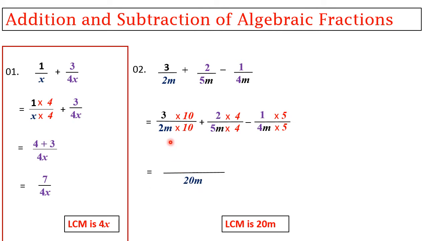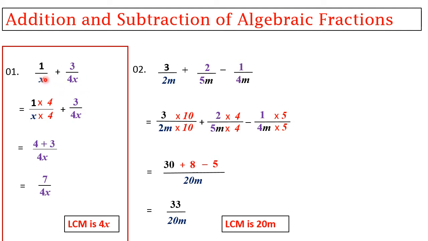So the denominator is 20m, here 30, 8, then 5. So the final answer is 33 over 20m.